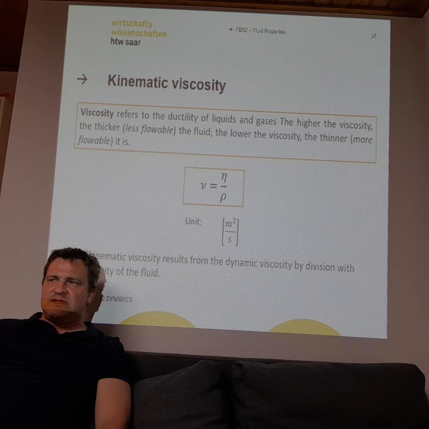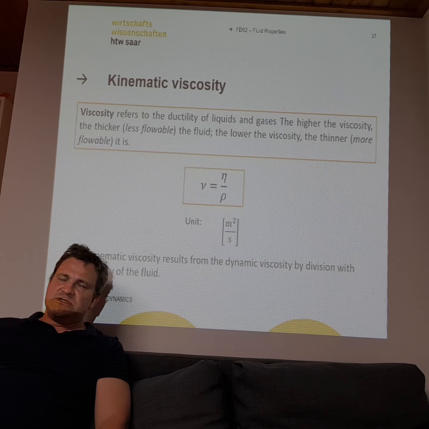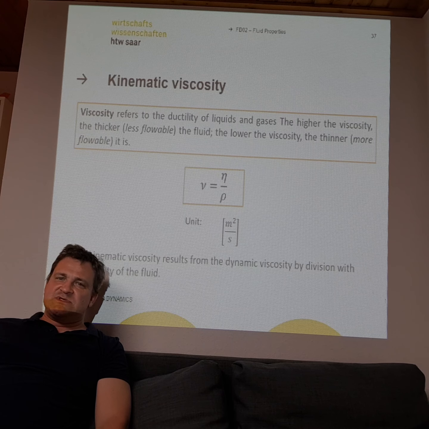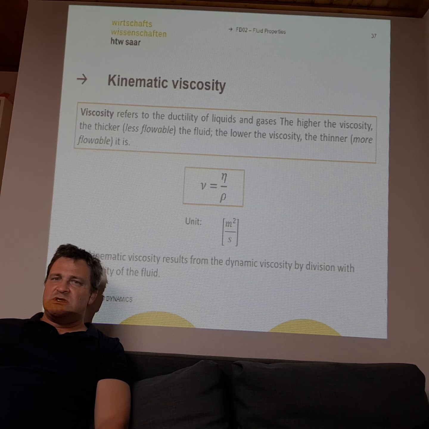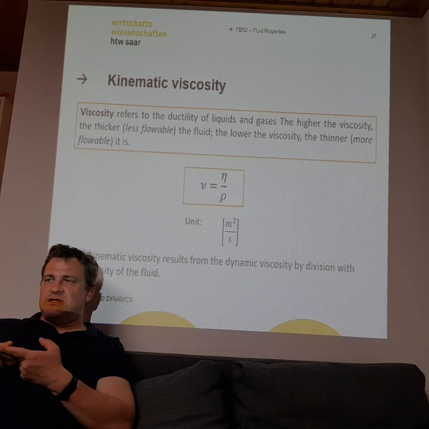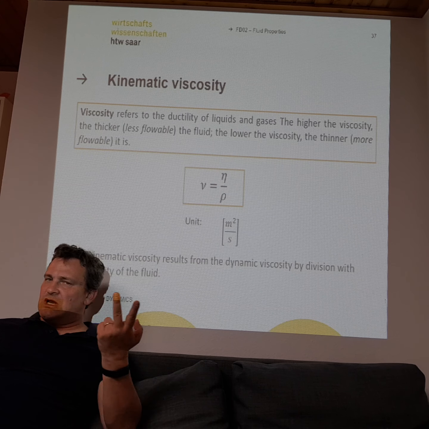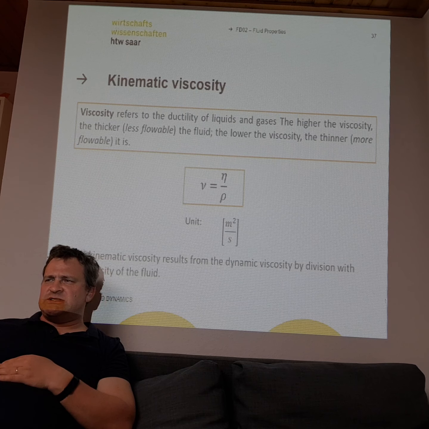Here's the definition of the so-called kinematic viscosity. The kinematic viscosity is the dynamic viscosity divided by the density of the fluid. So if you know the density and the kinematic viscosity, you can calculate the dynamic viscosity. You convert it into each other.